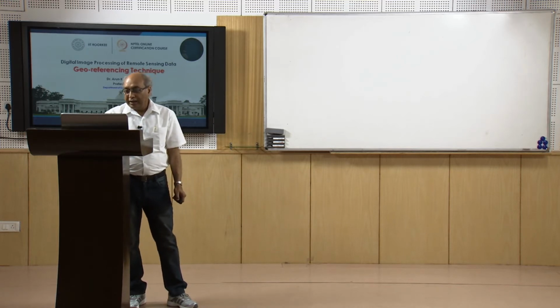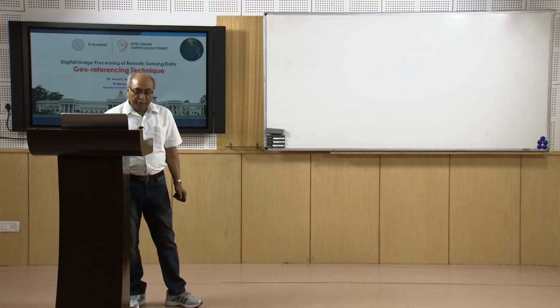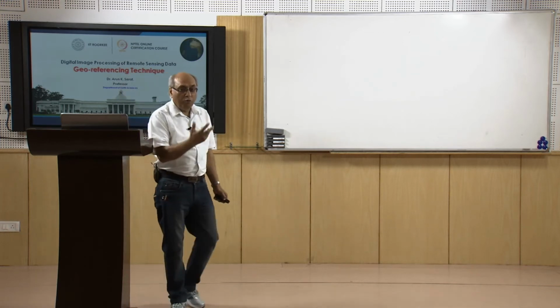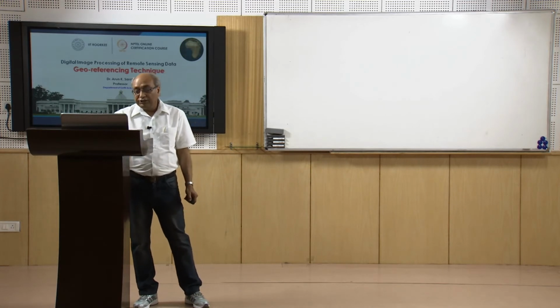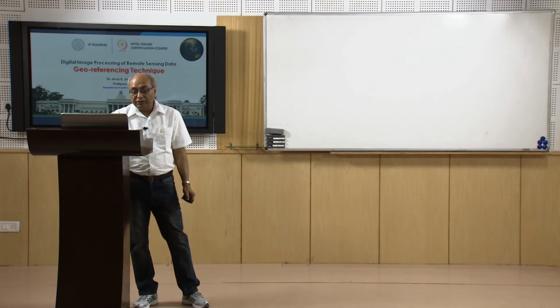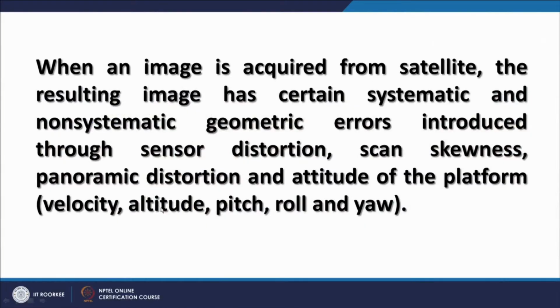The earth's curvature also plays a very major role in bringing distortions to your image, as does the attitude of the platform, because these spacecraft are moving in space. Sometimes, because of some malfunctioning or other things during the data acquisition, there may be a change in velocity, or a change in altitude, that means the height of the satellite is changing. There may be pitch, roll or yaw movements.